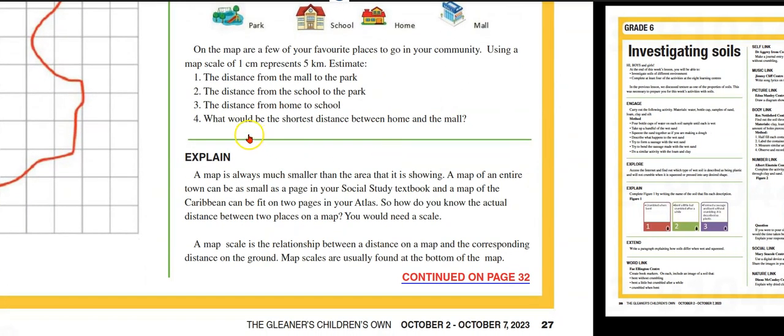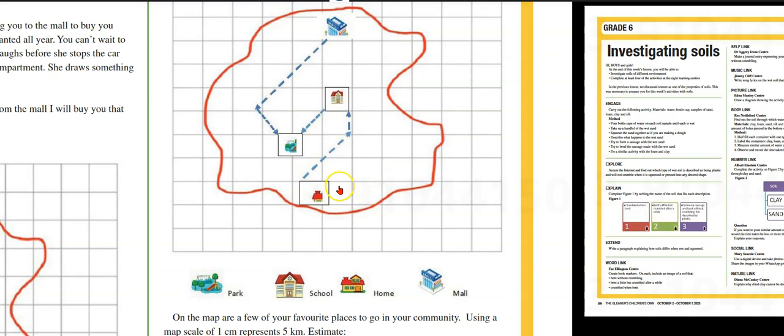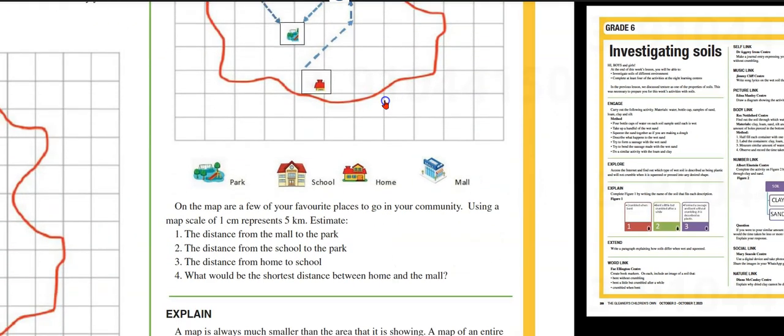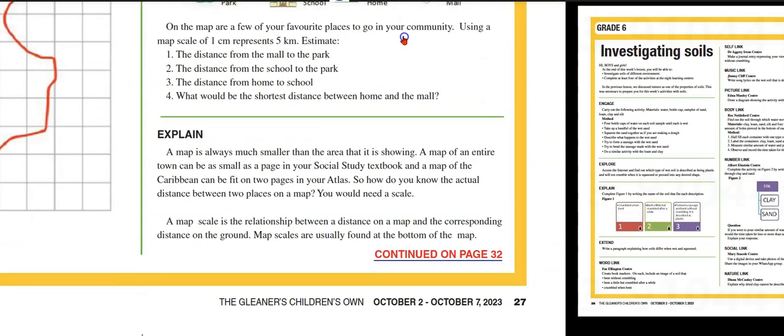What would be the shortest distance between home and the mall? So home and the mall, I guess the shortest distance between 2 points is a straight line. So instead of going all the way like this, a straight line would be the shortest distance. What would that be if every centimeter represents 5 kilometers?